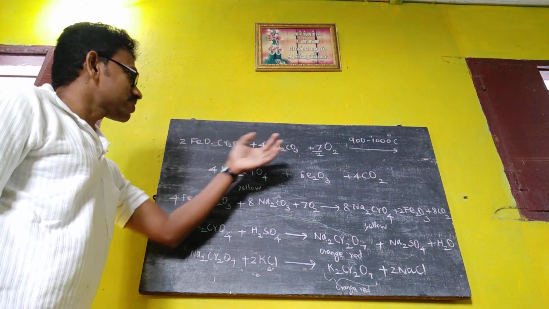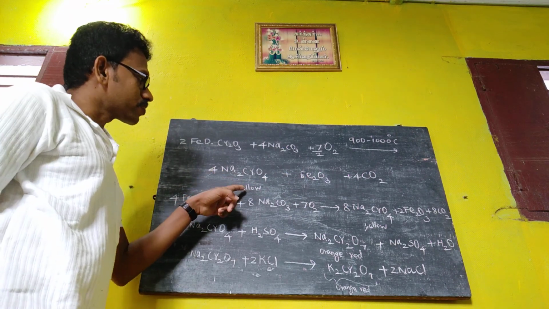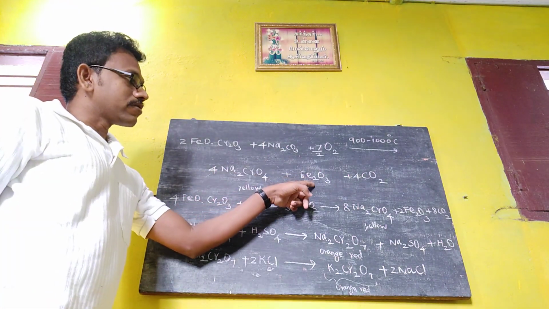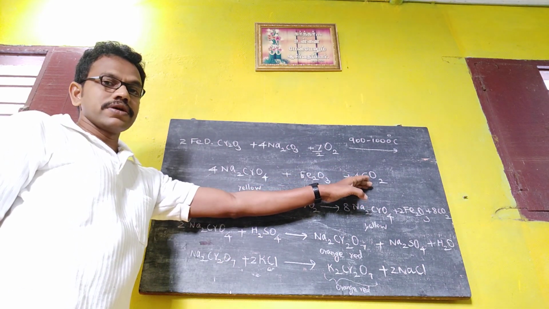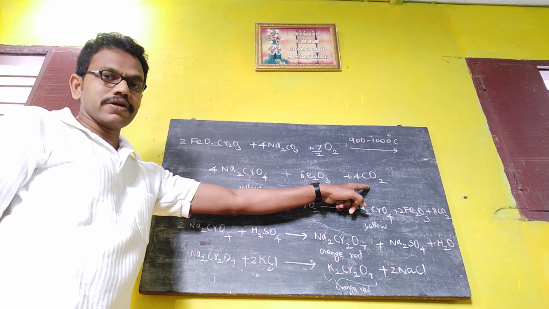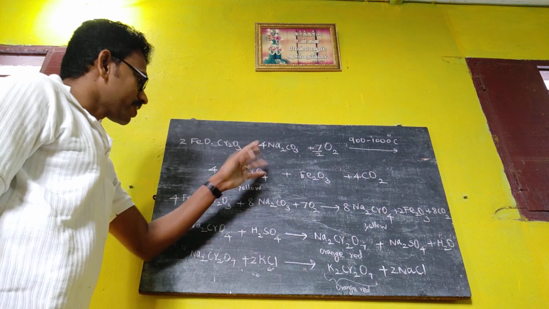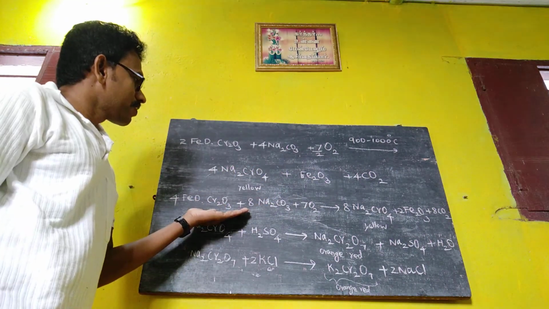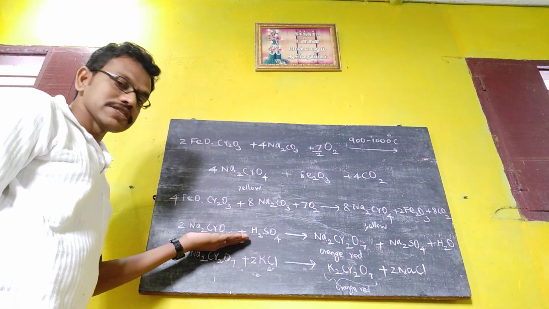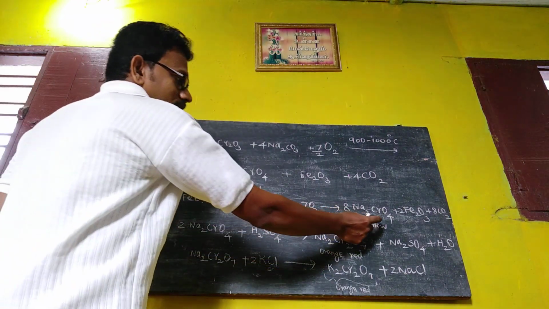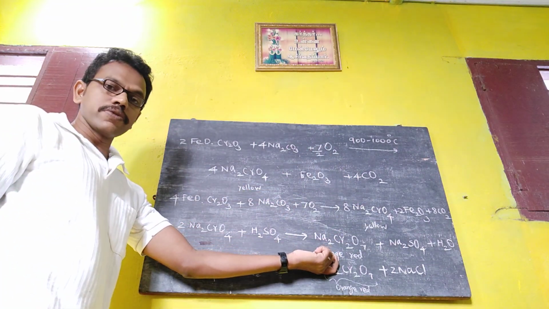Okay, so what are the products? We can get three products: sodium chromate and iron oxide, we can say ferric oxide, then carbon dioxide. Okay, how to balance this equation I already explained. Next we can see the second equation. After balancing this equation, we can get the second equation from the main product sodium chromate to sodium dichromate.